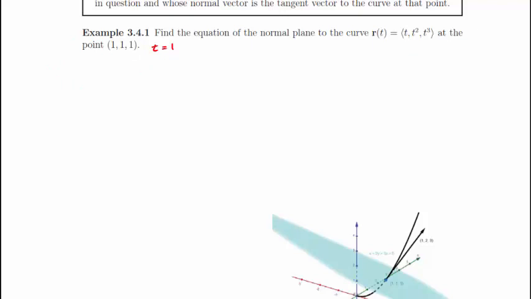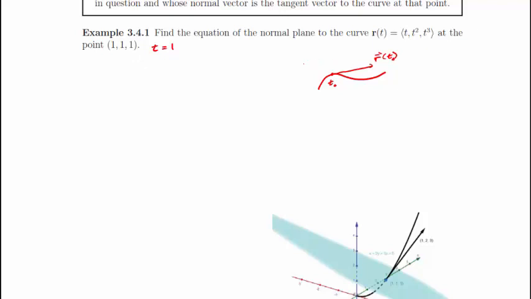I have my curve, here's the point in question, the tangent vector here, and I'm not even going to worry about making this a unit vector in this case. Let's call this time t naught.